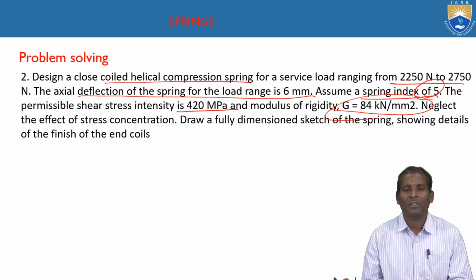Neglect the effect of stress concentration, so here don't consider the effect of stress concentration. Draw a fully dimensioned sketch of the spring showing details of the finish of the end coils. After the completion of the design, with the calculated values, you need to draw a sketch of the spring.